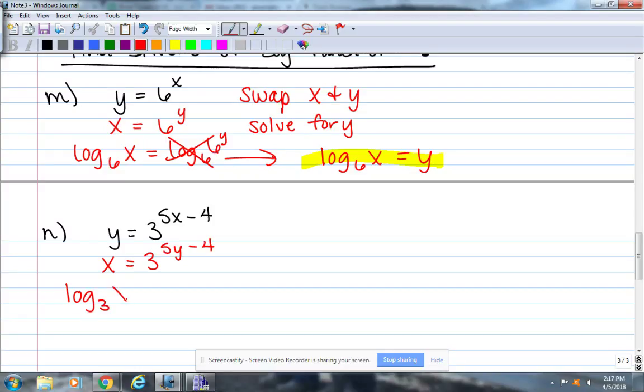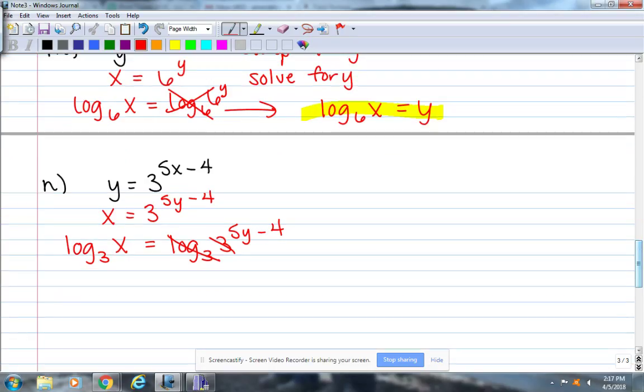What you do to one side of an equal sign, you have to do to the other. Now something cancels out. What cancels out? My log base 3 and my 3's, right? So then I have log base 3 of x equals 5y minus 4.